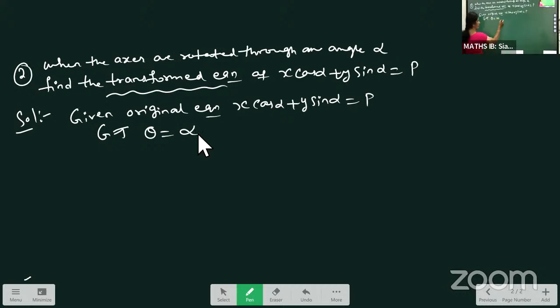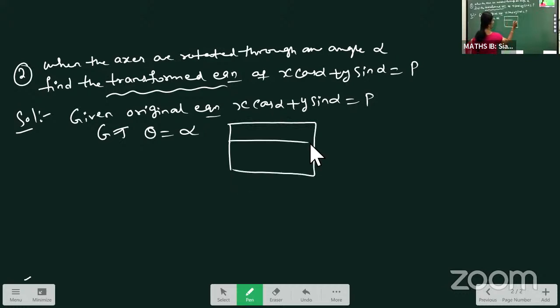When the angle theta is given, immediately draw this table. Theta, small x, small y, capital X, capital Y. Need not go for the entire one. If it is C, treat it as cos, and if it is S, treat it as sin.